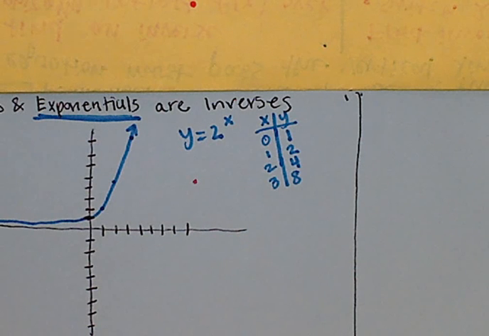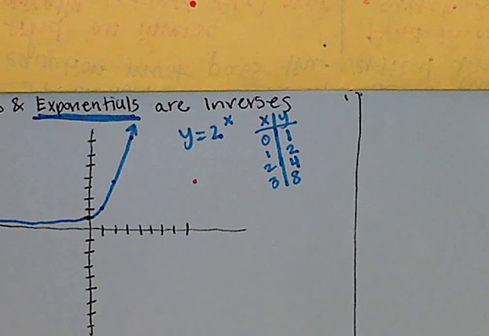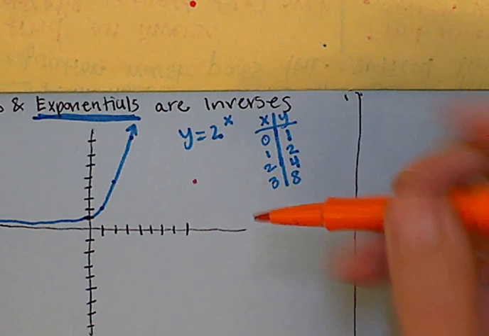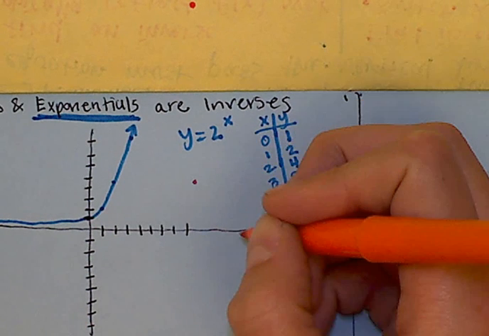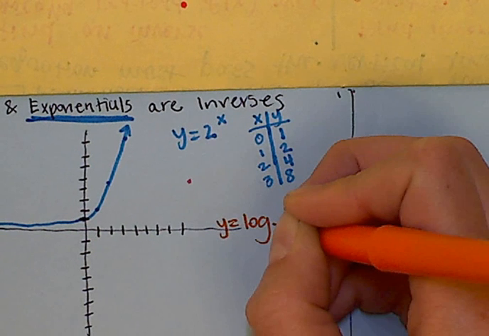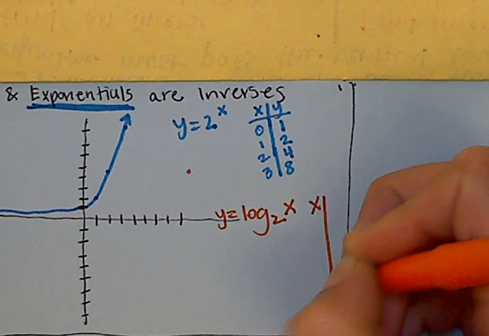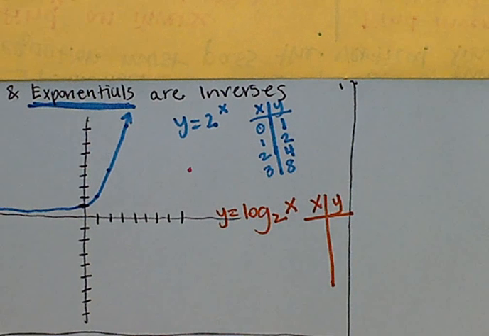So in blue, I have my exponentials. Now, I can also graph in orange my log. So y equals log, and my base is still going to be 2, of x. To graph a log, it's the inverse of an exponential.